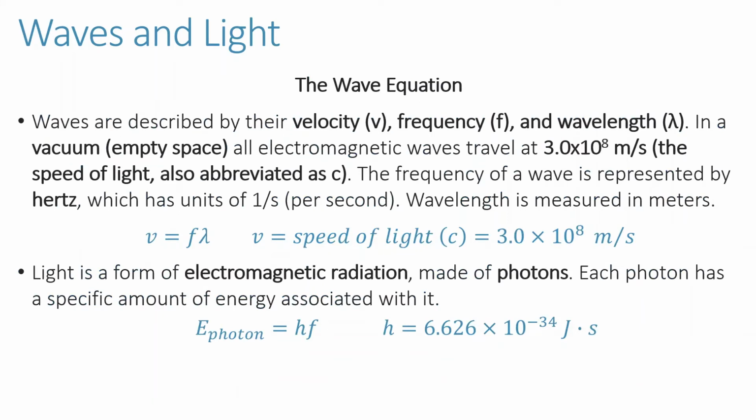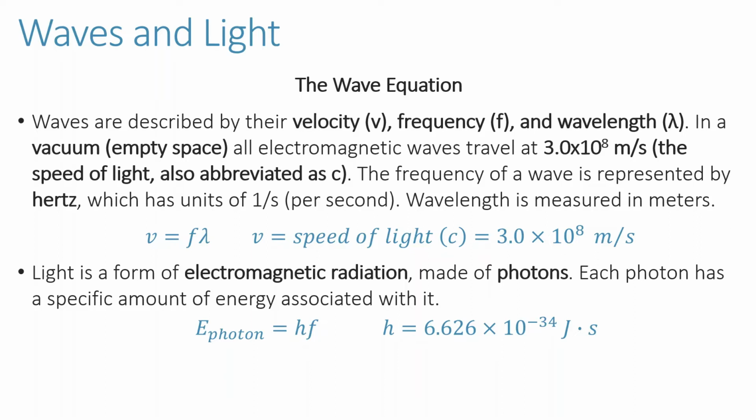Waves are described by their velocity or speed, frequency, and wavelength. In a vacuum, empty space, all electromagnetic waves travel at 3 times 10 to the 8 meters per second. This is the speed of light, also abbreviated with a lowercase c.